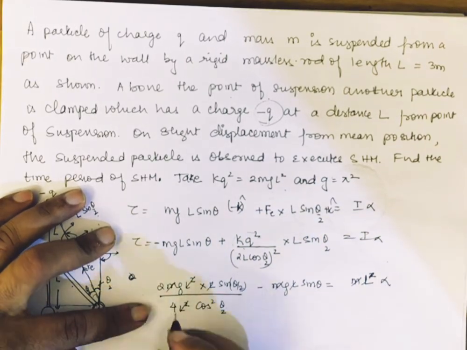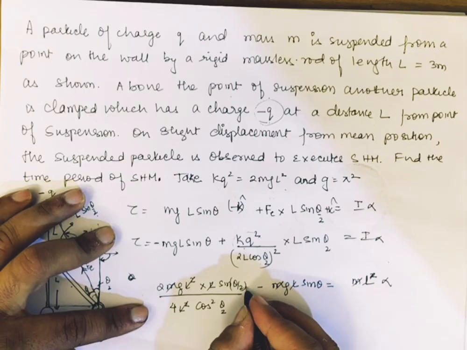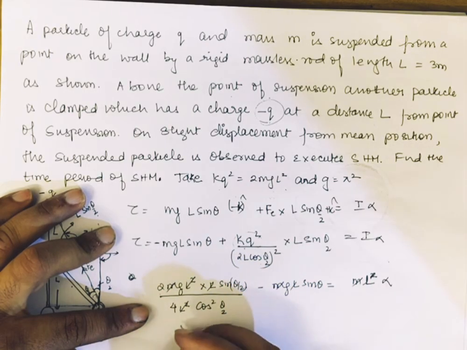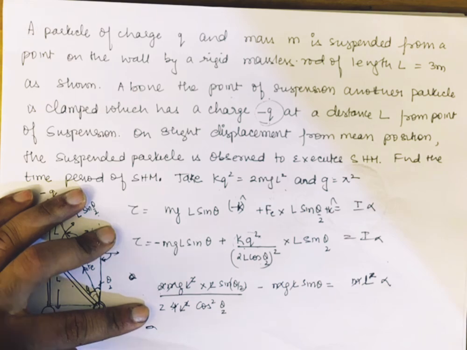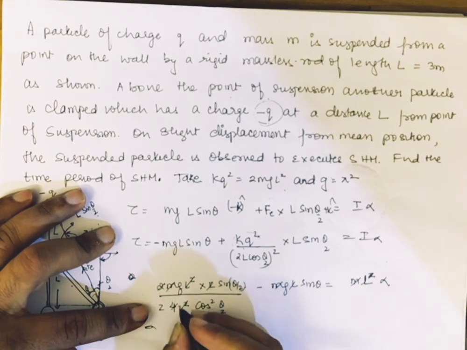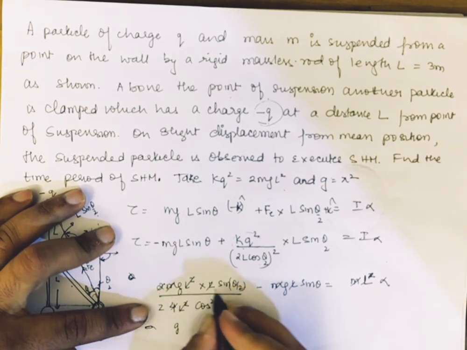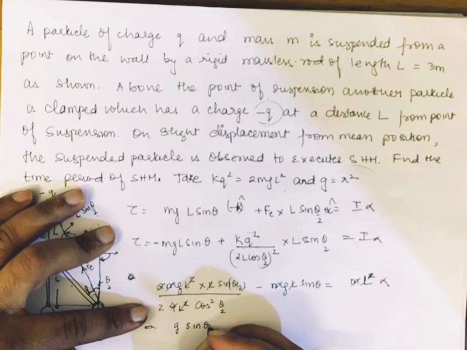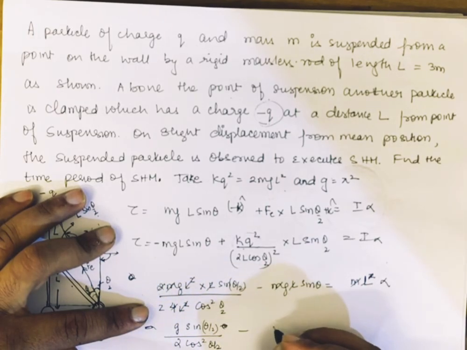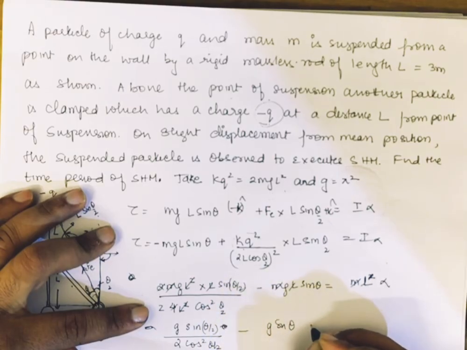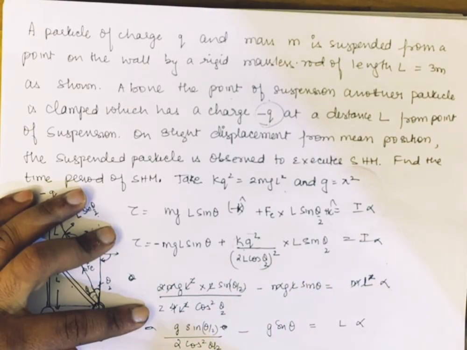So what are we left with? 2g sin theta by 2. We have one can be cancelled, 2 also. So we have g, and all L are gone. g sin theta by 2, divided by 2 cos square theta by 2, minus g sin theta, equals L alpha.